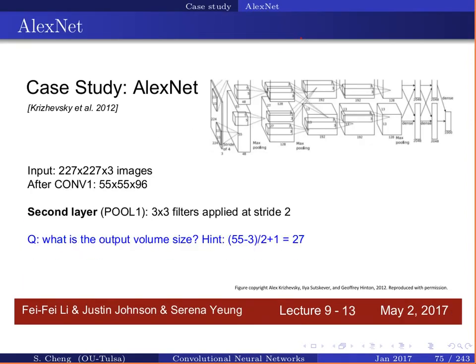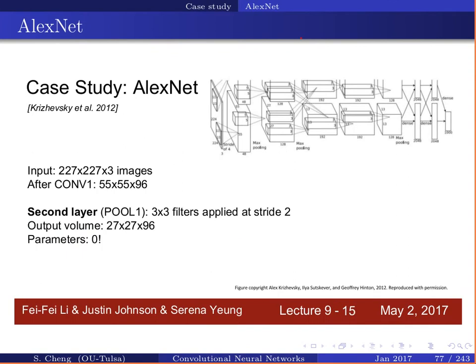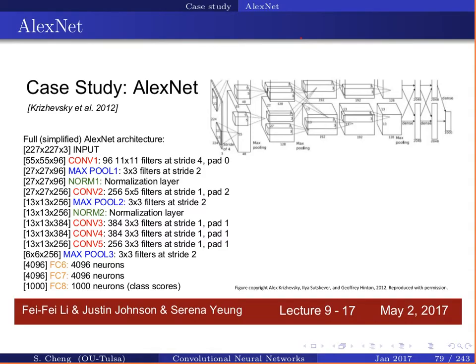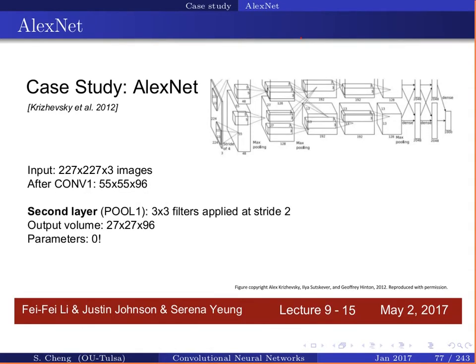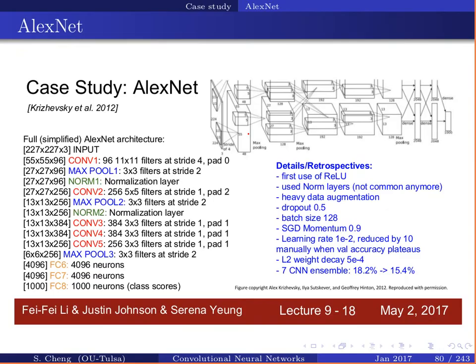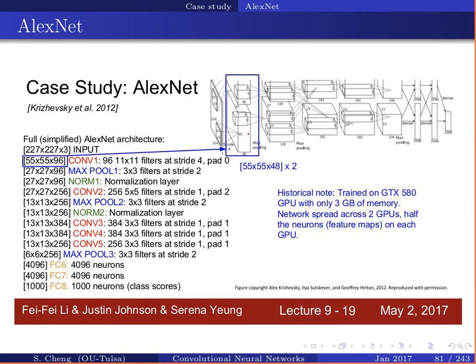AlexNet is more or less similar to LeNet-5, and we mentioned there's some interesting structure there. That's kind of artificial, a historical note: they trained the model using old GPUs, GTX 580s, which only have 3 gigabytes of memory, so they were forced to split their model into 2 parts.